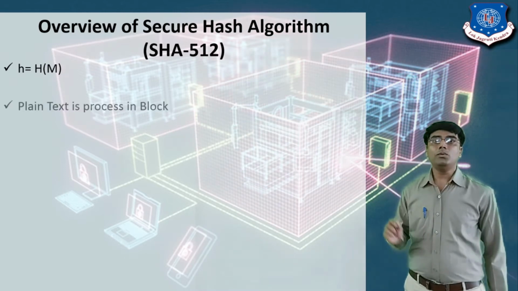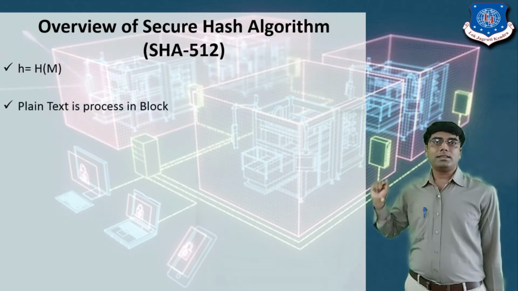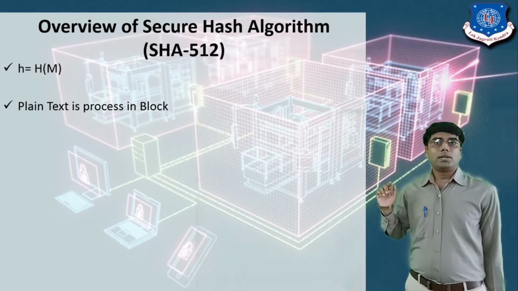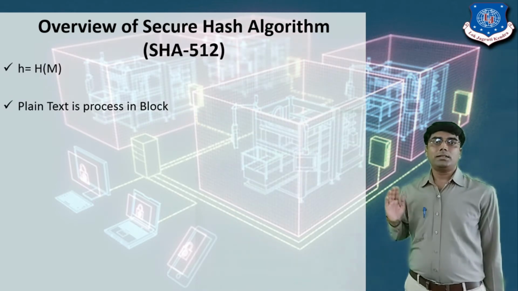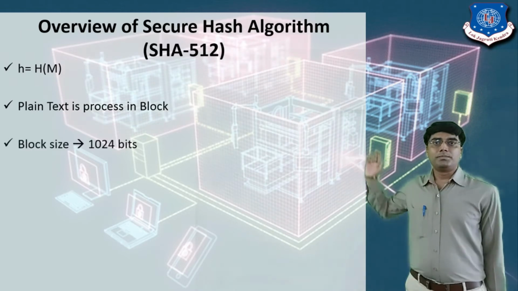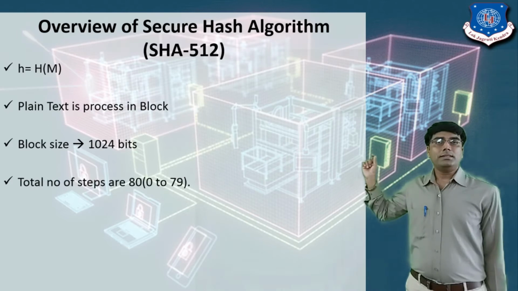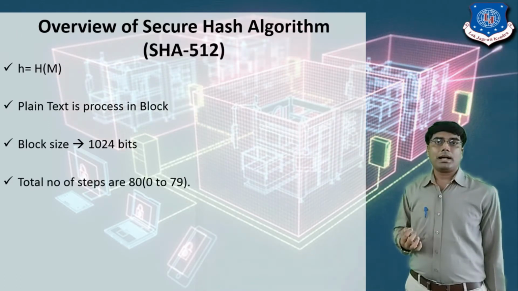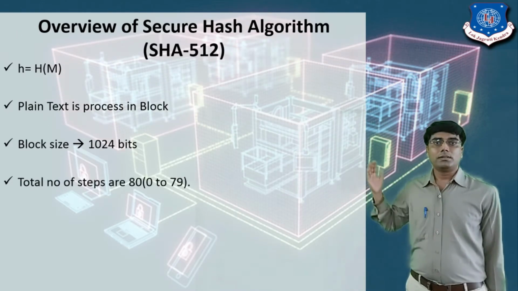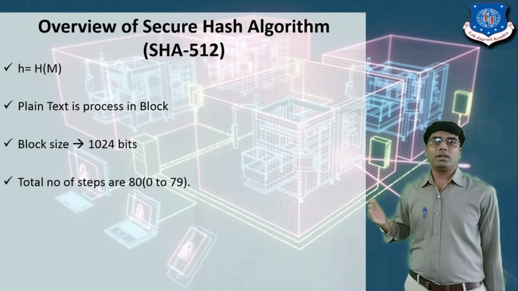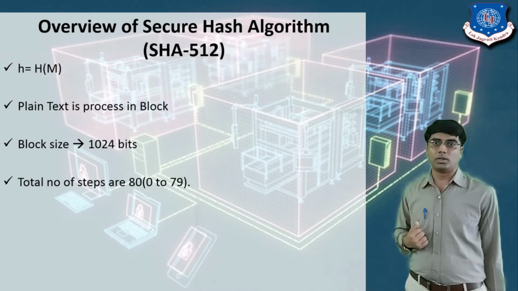Now the next, in the SHA algorithm, the plain text is processed in terms of blocks, and the size of the block is 1024 bits. The total number of steps is 80, which means steps 0 to 79 are considered in the SHA algorithm.